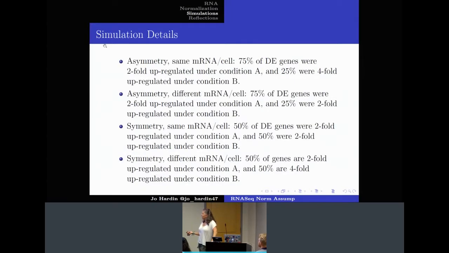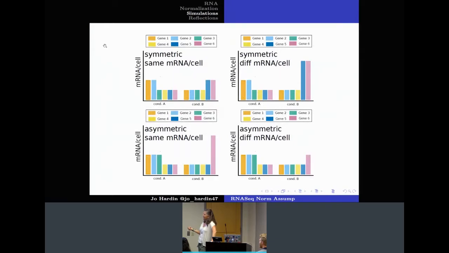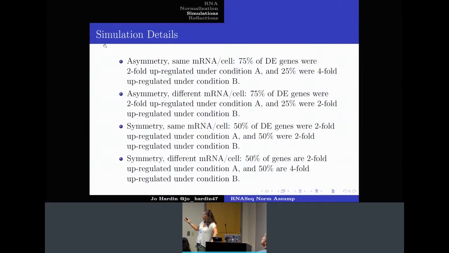Okay, so there's a lot of words on this slide, and they don't really say a whole lot. They say the same thing that those four plots showed. So we have these four plots, and this was our simulation. When we did asymmetry, we did 75% up and 25%.